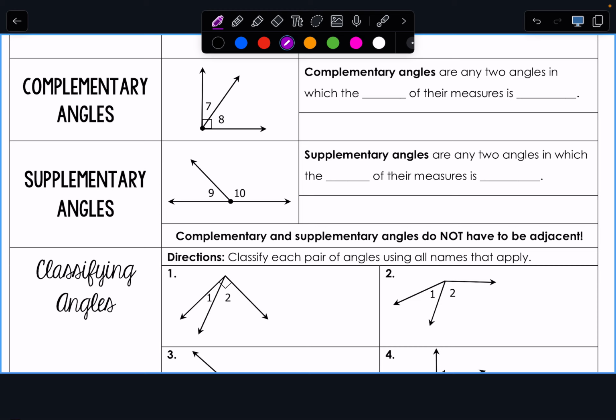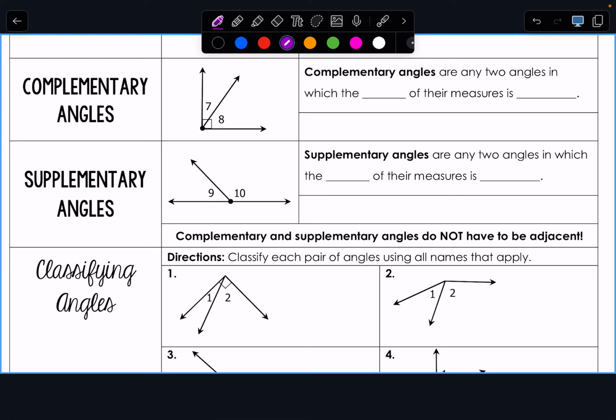Okay. Who remembers what complementary means? Ellie? Oh, she just asked, is it like equals 90? What do you think? I don't know.